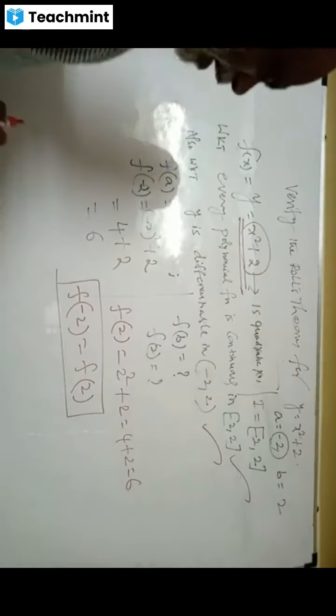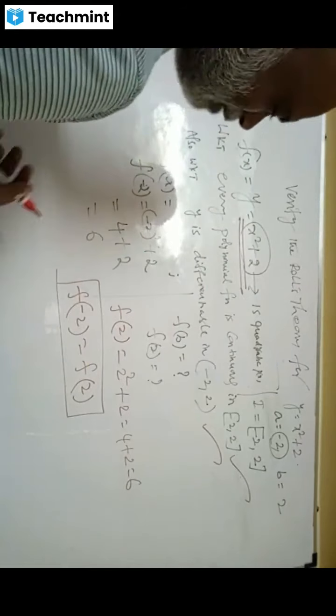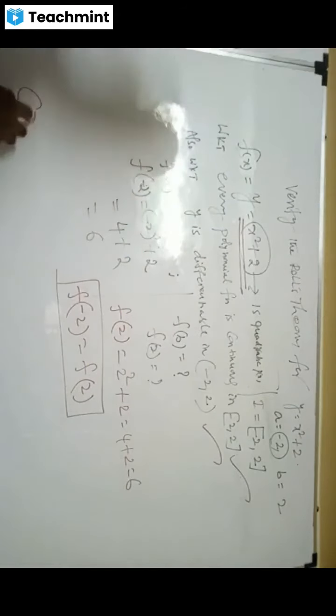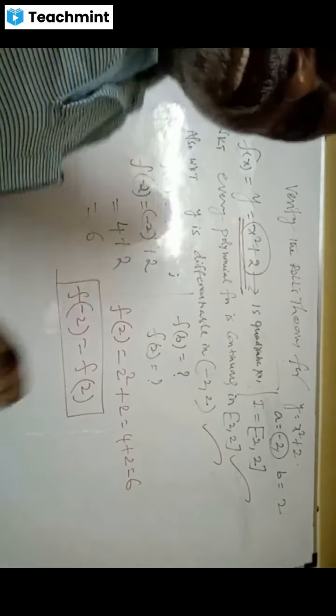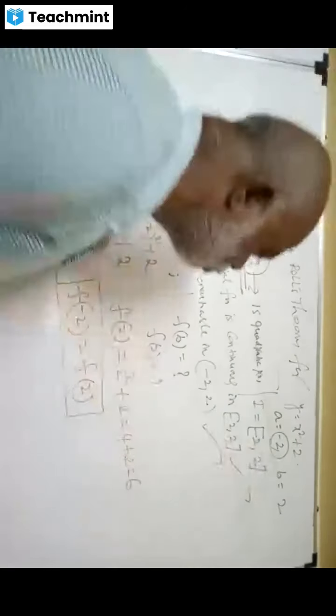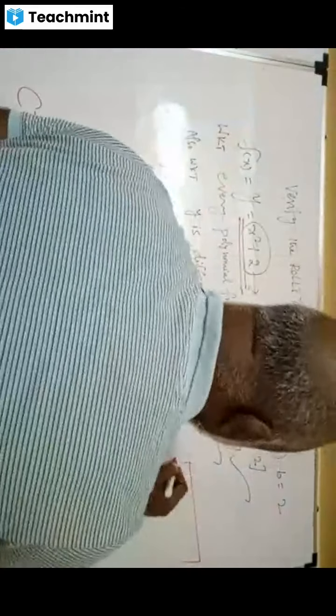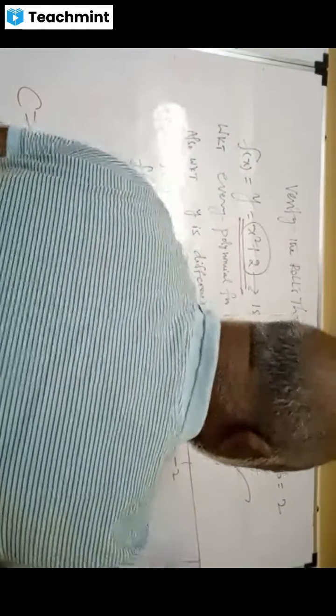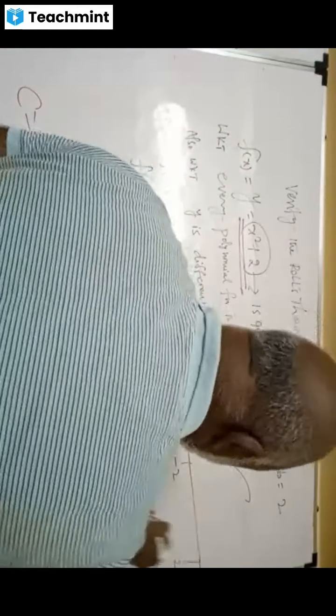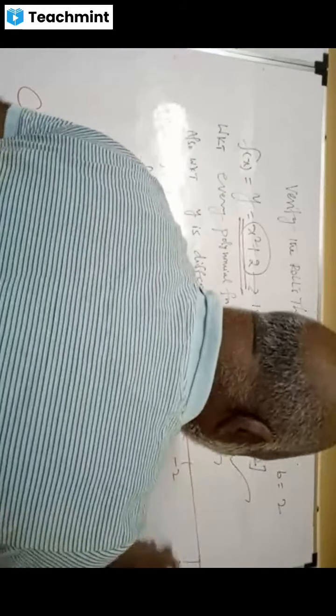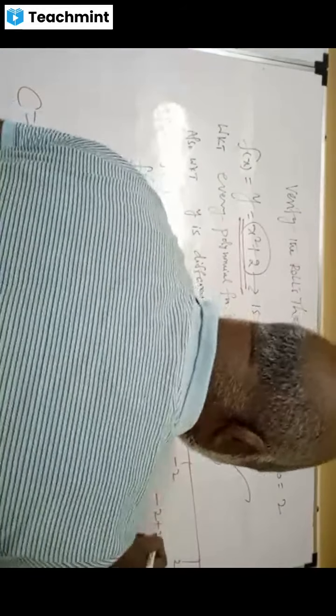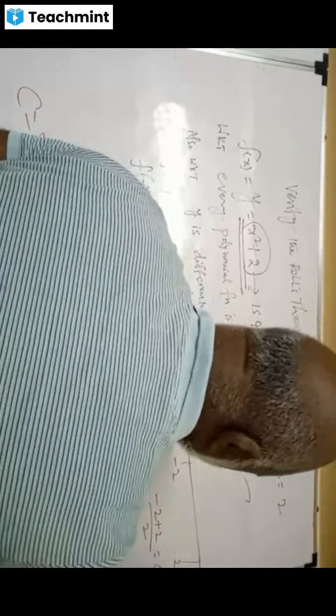So the last point is, then there exists c. We have to find out how to find c. Once you find c, there is a point in the interval -2 to 2. What is the average of -2 and 2? 0. So you will be getting c equal to 0.